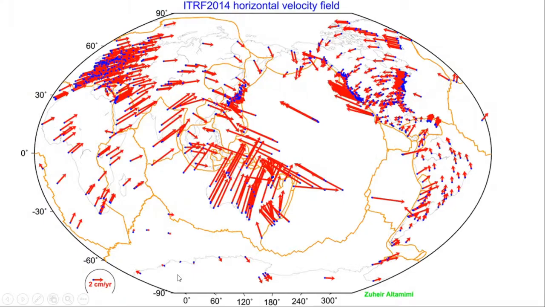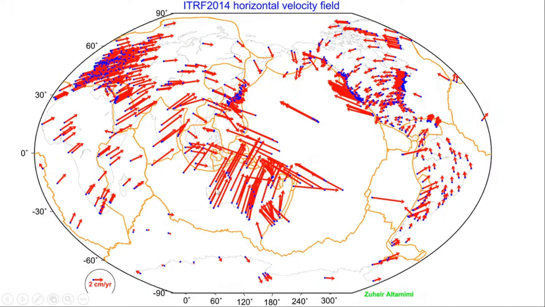So this is one of the ITRF 2014 velocity vectors. You can see they have different magnitudes and different directions on different plates and plate boundaries, over different countries. Some plates show less magnitude and some show high magnitude.